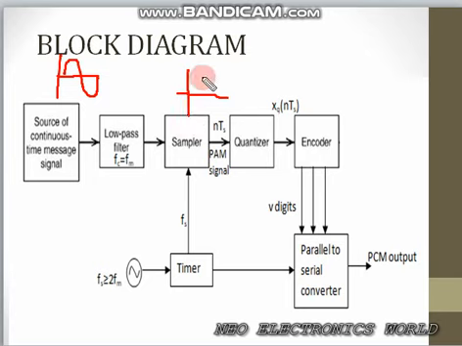The sampler will discretize the time. It's very difficult to draw using the mouse.